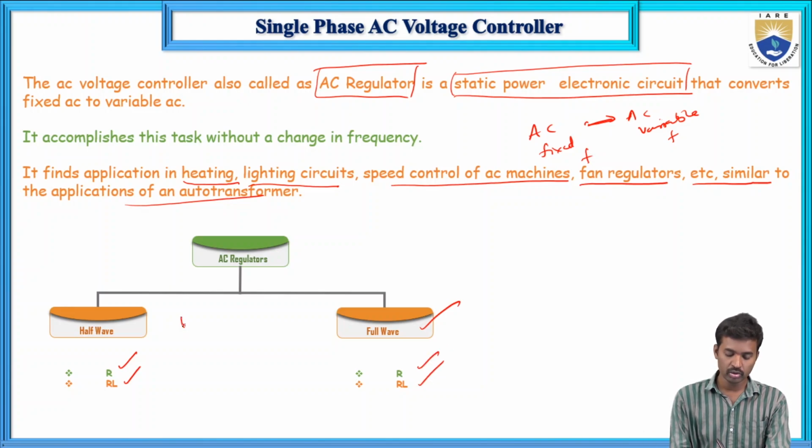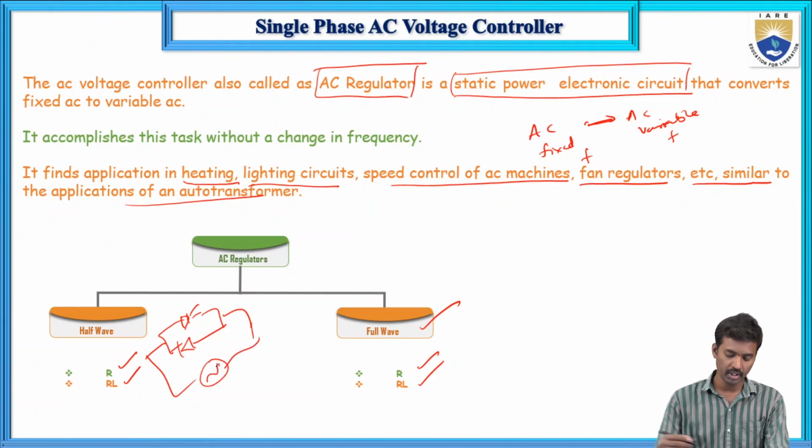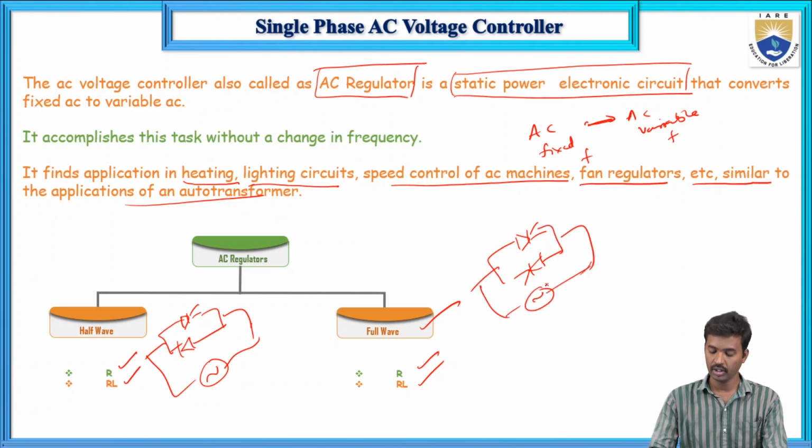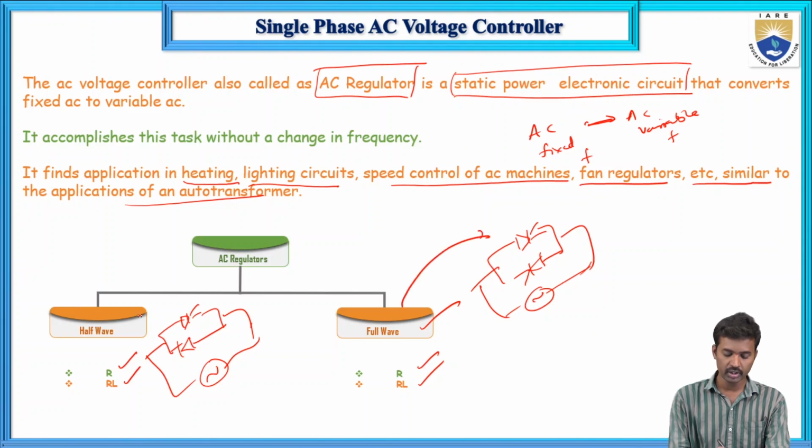In the half wave circuit we use a thyristor in anti-parallel with a diode, with AC voltage applied across this circuit. In the full wave circuit, two thyristors are connected in anti-parallel, and again AC voltage is applied across the circuit. So this is full wave and this one is half wave, and the load is connected.